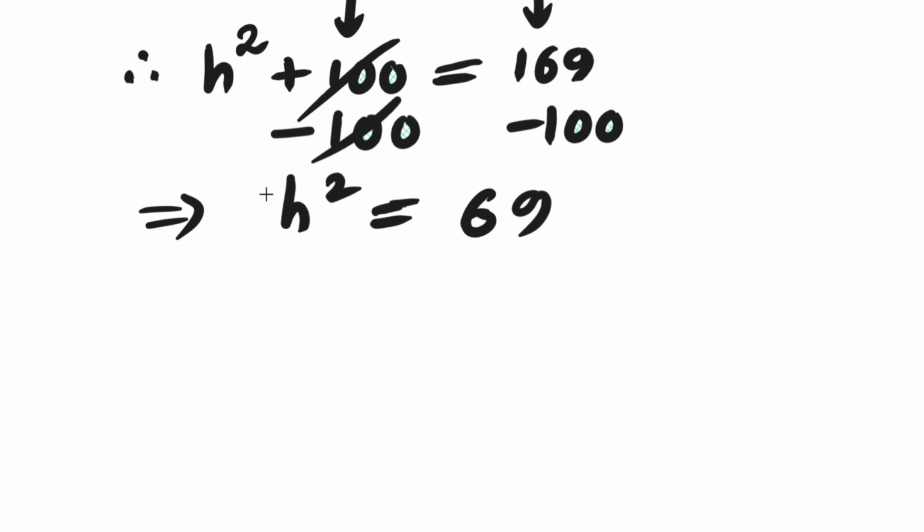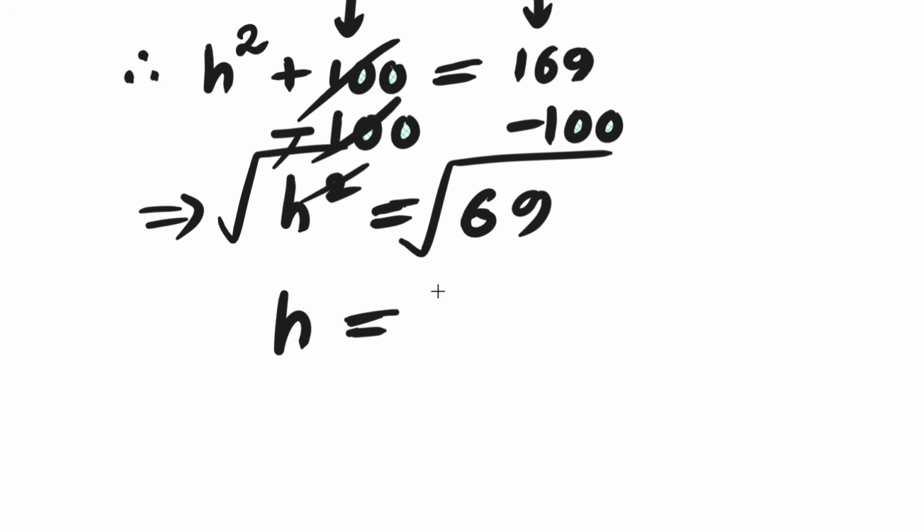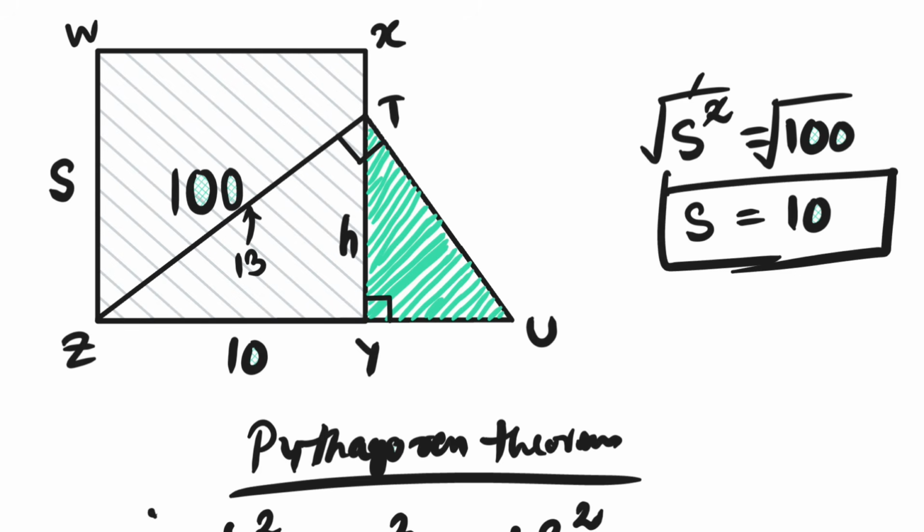Now take the square root of both sides. The square root of h squared gives h, and the square root of 69 gives square root of 69. So h equals square root of 69. Therefore, we have found the height YT. It is square root of 69 units. Keep that value in mind because we are going to use it again in just a moment.